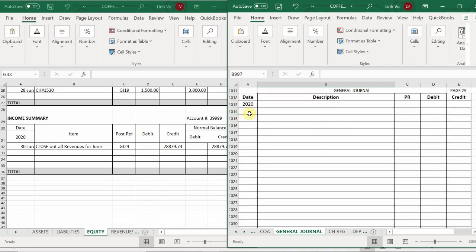And we're going to zero out all of our expense accounts, right? Since our normal expense accounts normally have a debit balance, we're going to credit all of our expenses and debit our income summary, which we know to be 39999.